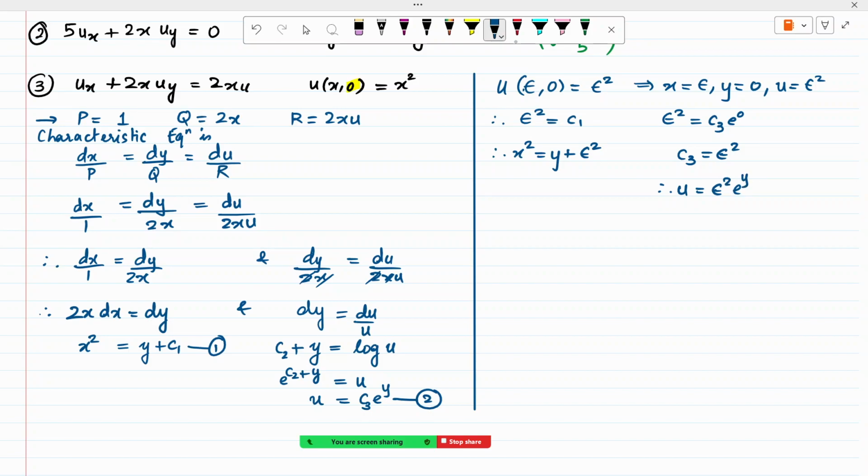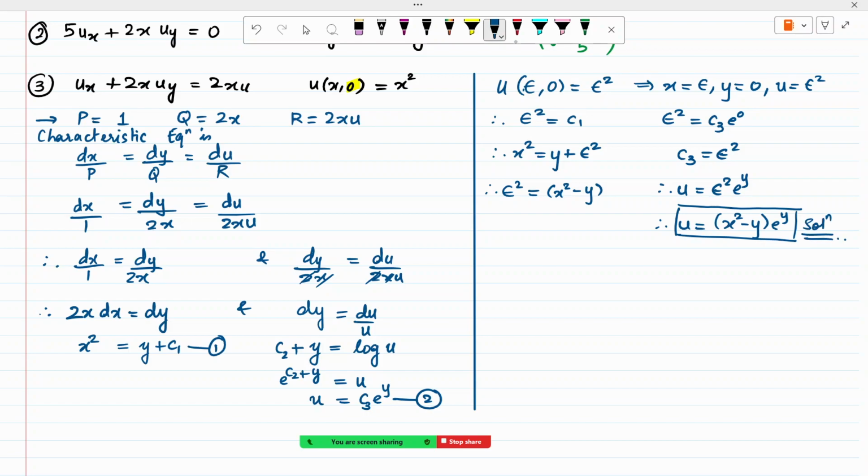Now the value of epsilon square from the first equation comes out to be x square minus y. Let me substitute it here. So I have x square minus y times e raised to y. This is my required solution, which is free of arbitrary constants, and it's a function of u, x, and y alone. Did you understand this?